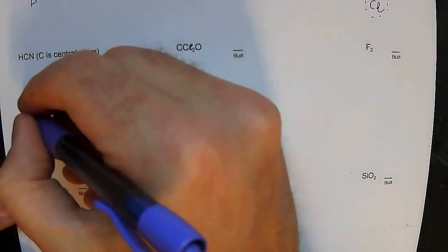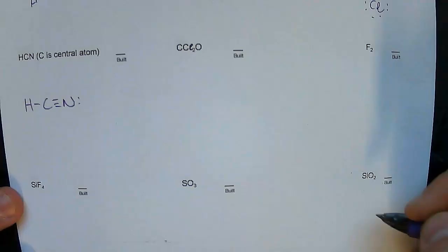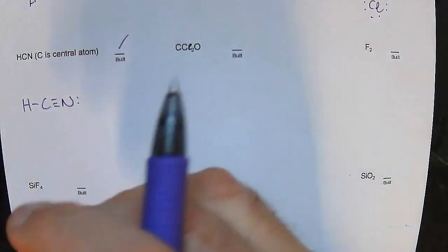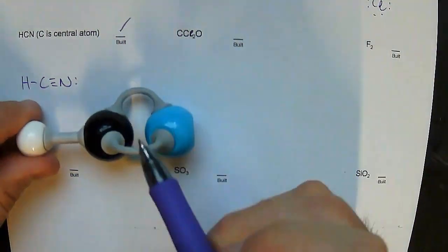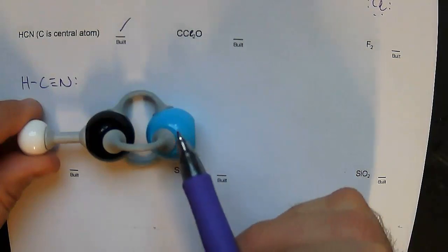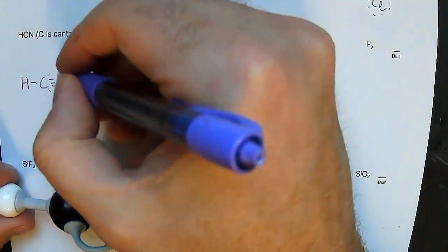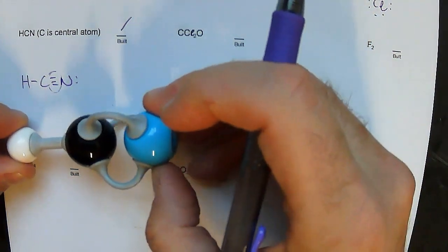Okay, so HCN, you've drawn this a couple of times, but if we're going to do this, the C is the central atom, and we got something that looks like this. So I built that, and we have something that looks like this. We have a triple bond here between the black one and the blue one, and that triple bond still counts as just one place where electrons are causing a bond.